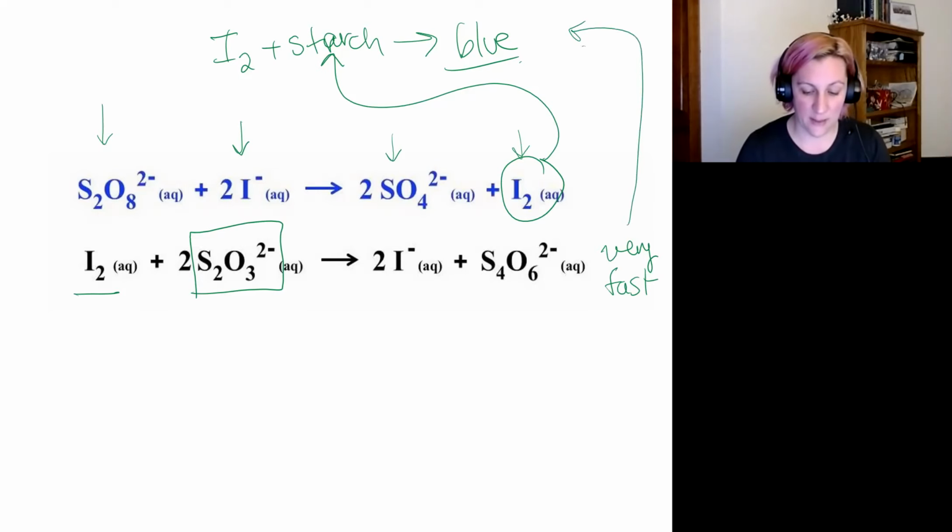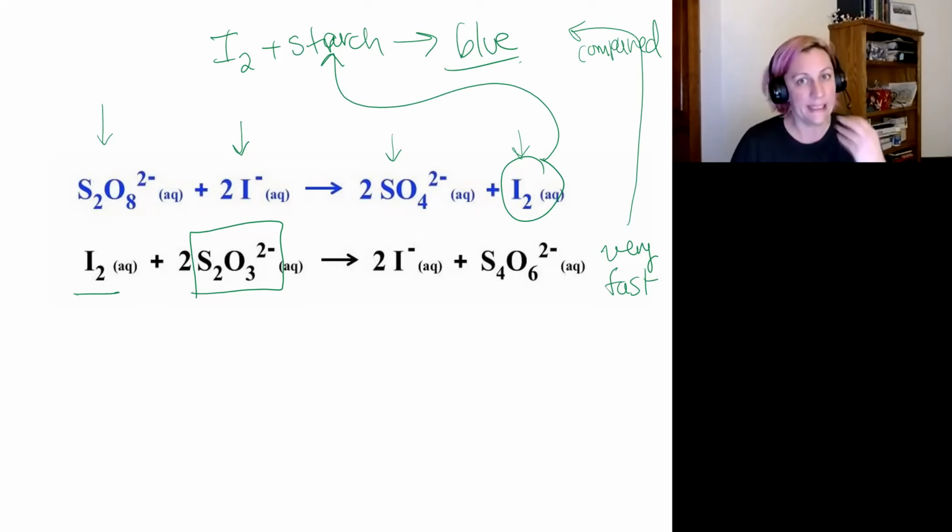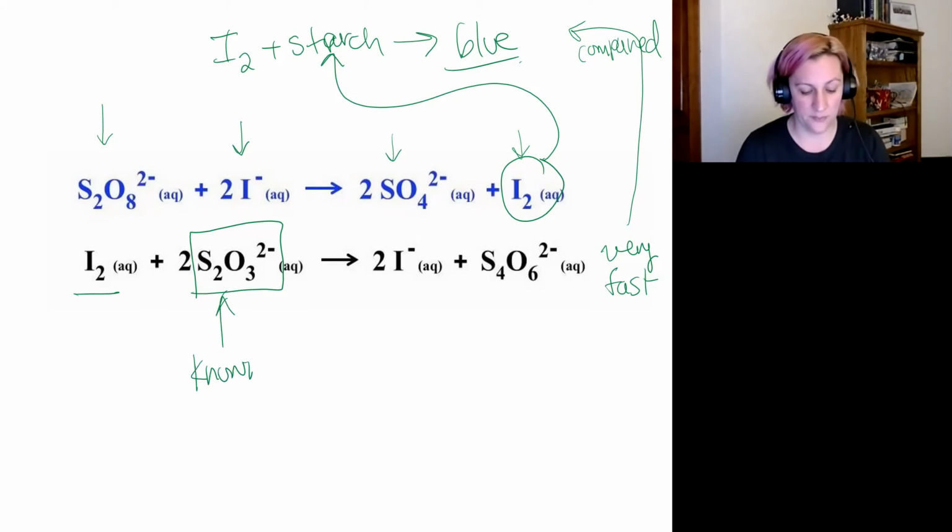So it's fast compared to our starch reaction that turns it blue. Okay, so we can put in a chemical that'll react with any iodine that's created and essentially stall our reaction with starch. And so we put a very specific amount of S2O3. So we put a known amount.